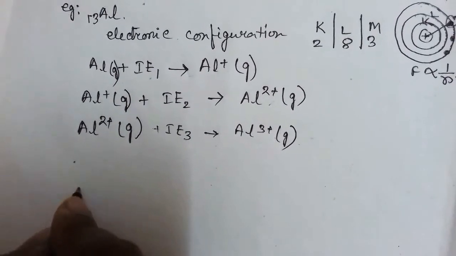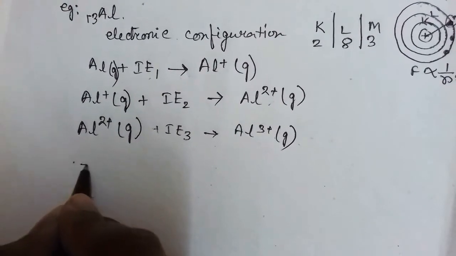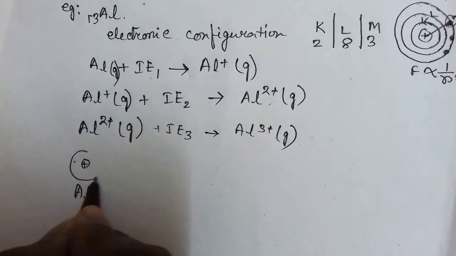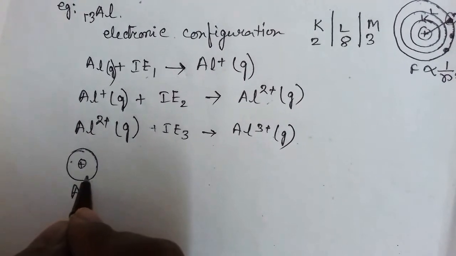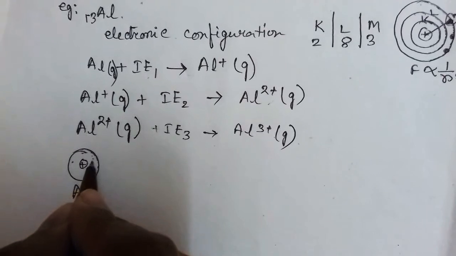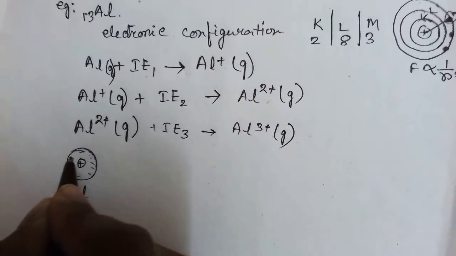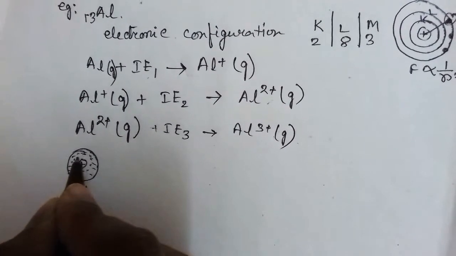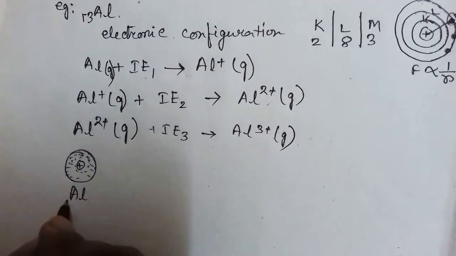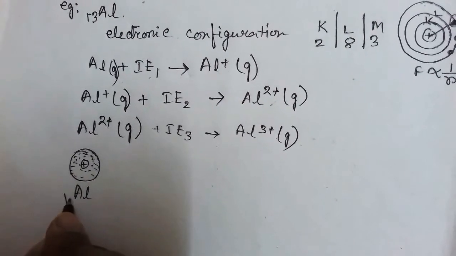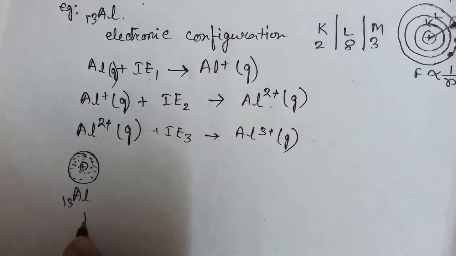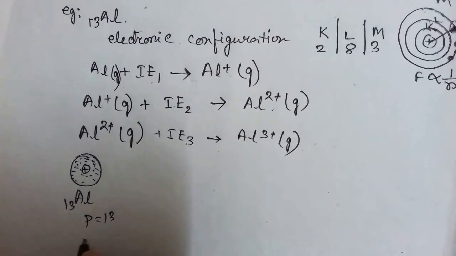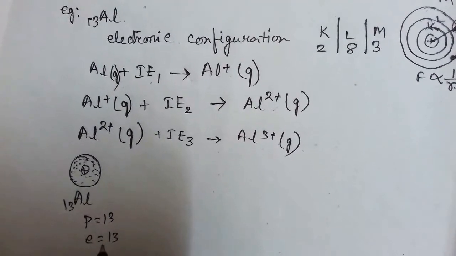Aluminium, being first a neutral species, an atom, there was electron density around the nucleus. Atomic number 13, aluminium has proton number 13 as well as electron number 13.